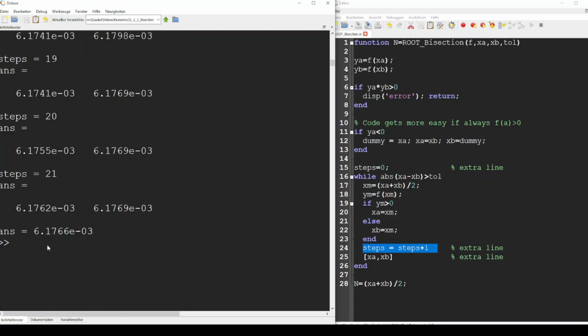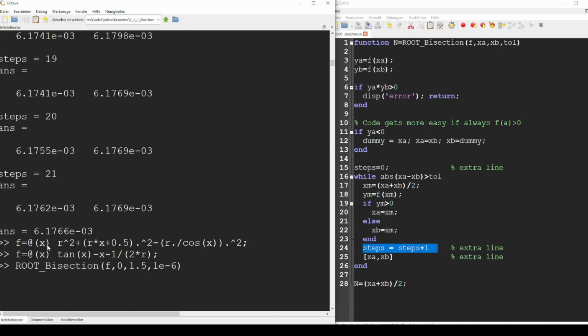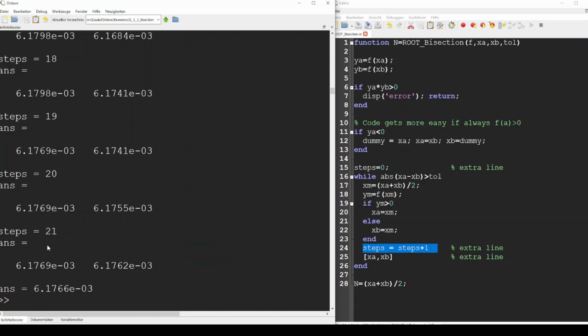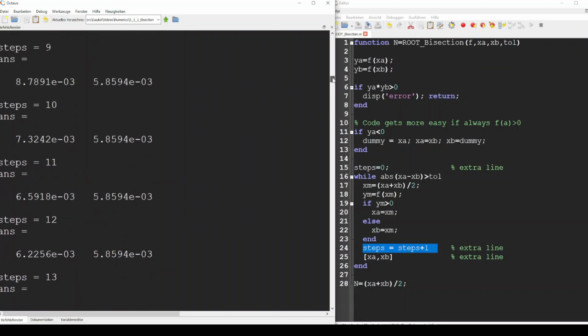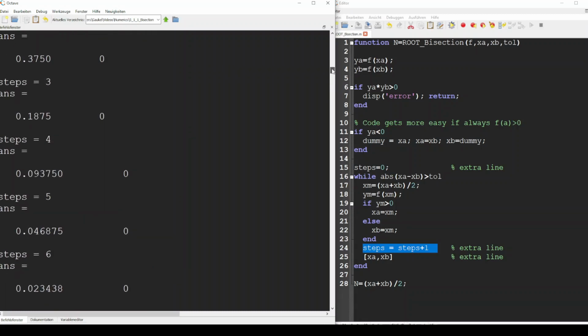Then in the last video we learned that there is an alternative to the formula above: tangent of x minus 1 divided by 2 times r. If we work with that function and call root bisection, you will see that there's absolutely no difference. Every step is the same.